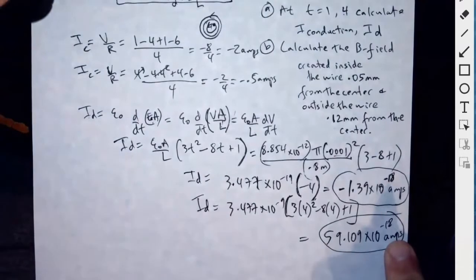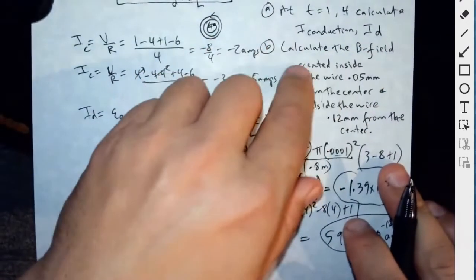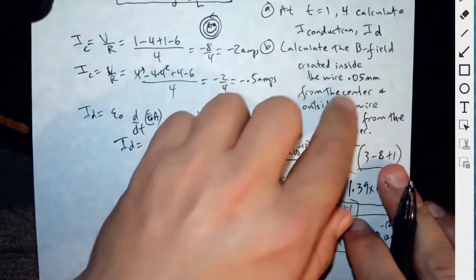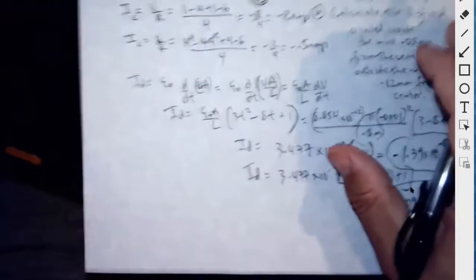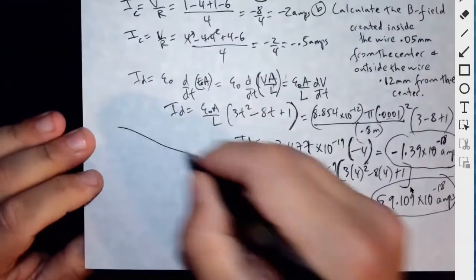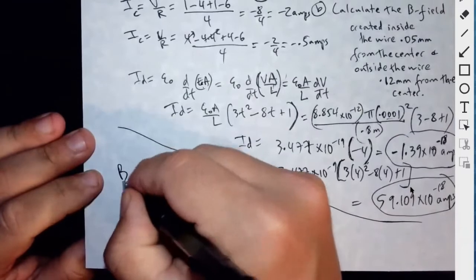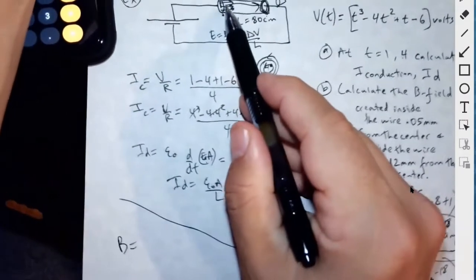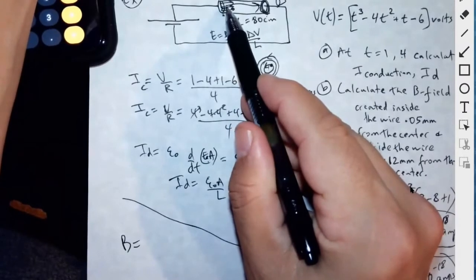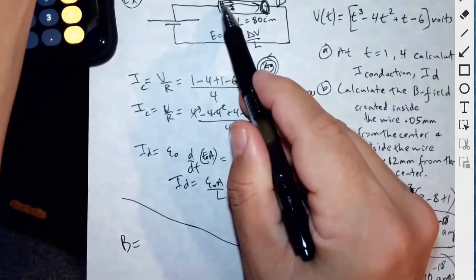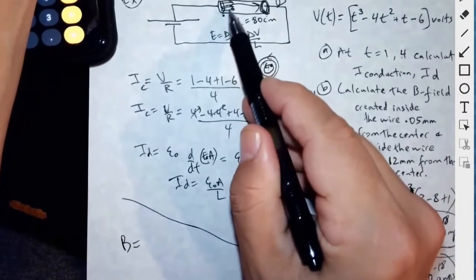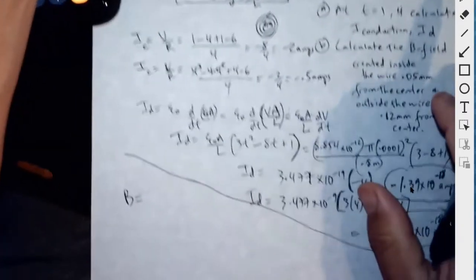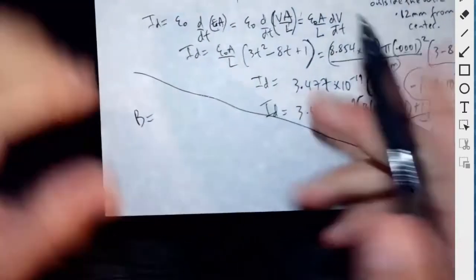Okay, if I want to know what is the B field created inside the wire 0.05 millimeters away, then what's the B field inside of a wire? Well, if it's uniform, which in this case it is, in other words the E field at the center and over here and over there is all the same, and the current is uniform, then it's just our equation.